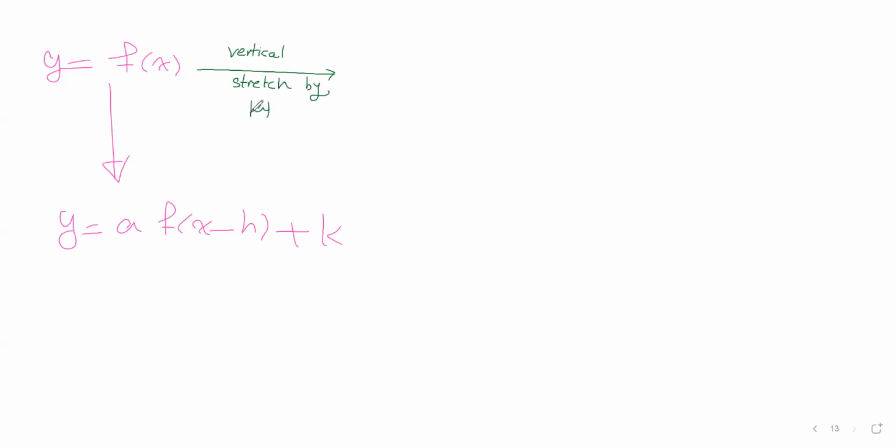If a is negative, just look at the absolute value of a. So you do the vertical stretch, and also if a is negative, you also do the reflection in the x-axis at the same time. So it's going to be a f of x. This is the first step you do.